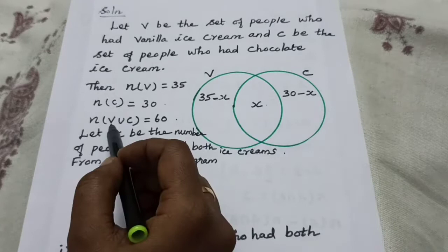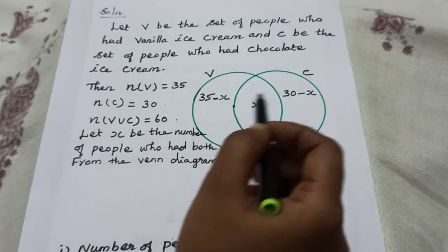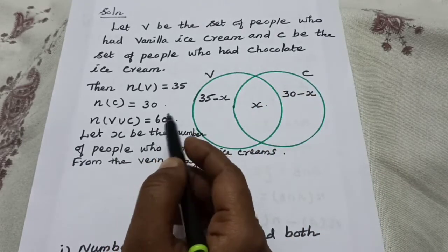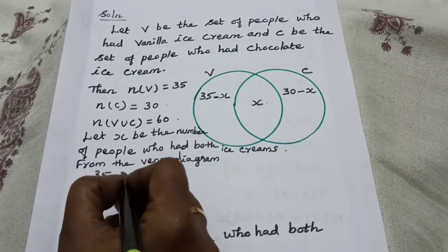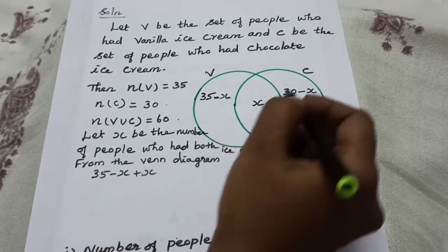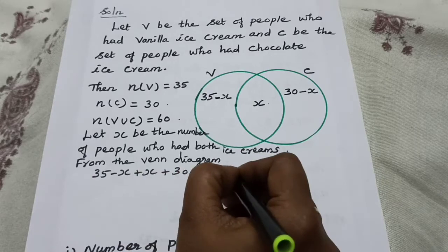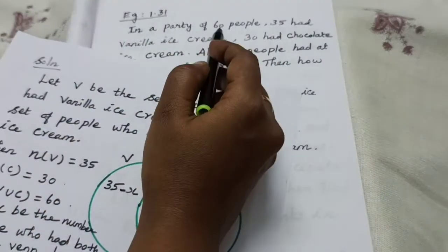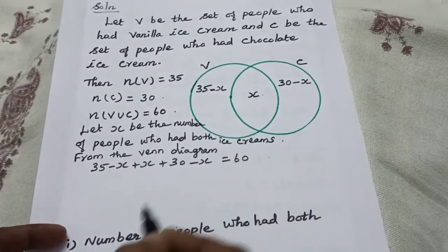Then here n of V union C, what is given? 60 is given, isn't it? This one together, how many? 60 is given. That means how we can write: this 35 minus x, plus this x, plus 30 minus x is equal to how many people? 60 people, isn't it? Then 60.